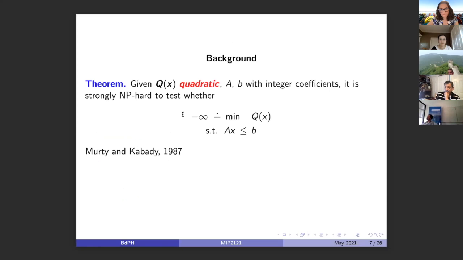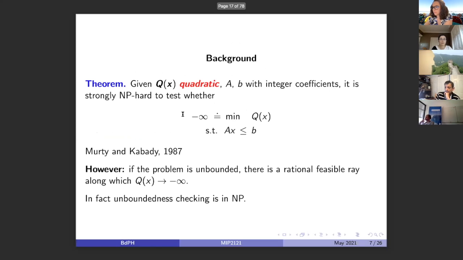Now, as further background, there's this theorem that we actually didn't know about for a while, that it's NP-hard to test if a quadratic is unbounded on a polyhedron. But if it is unbounded, then this is basically Vavasis's result, recast in an appropriate way, that there is a rational feasible ray along which the function goes to minus infinity.